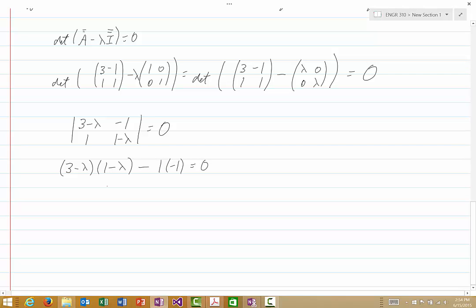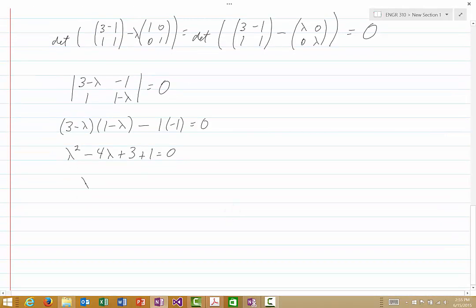And when we multiply this all out, we get lambda squared minus 4 lambda plus 3 plus 1 is equal to 0. And therefore, lambda squared minus 4 lambda plus 4 is equal to 0.